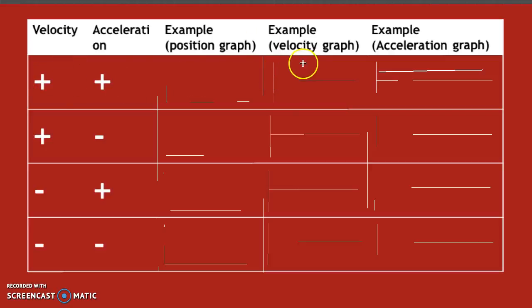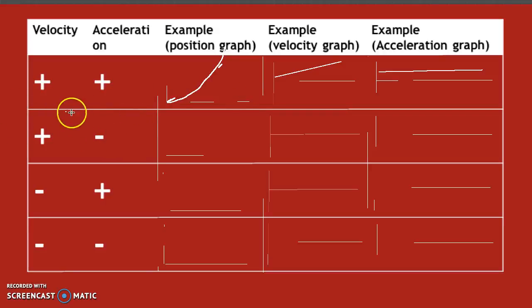Okay, it says velocity is positive, and we have acceleration, so something like that. On a position graph, if we start with a positive velocity, that means that we already have a positive slope at the beginning. Then, if we have positive acceleration, that means that the slope is going to get steeper, so that it's going to look something like this. So we started positive and got more and more positive.